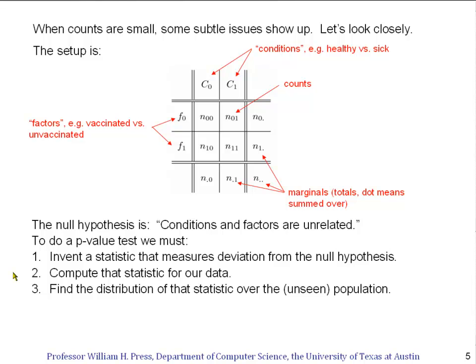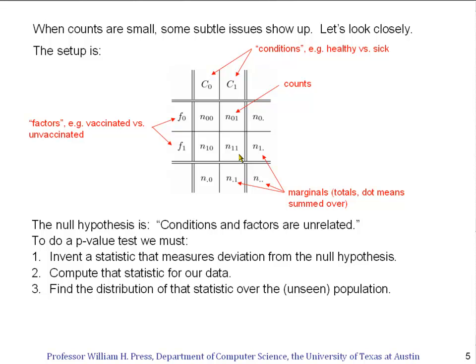Then we'll compute that statistic for our data. We've already done that when we used the chi-square statistic in the previous slide and computed the value of chi-squared for the data in the particular contingency table that is our data.